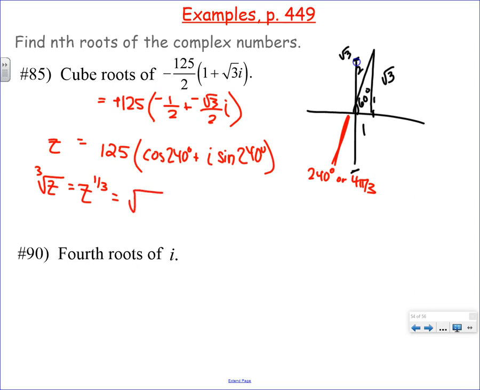So I cube root the 125, and what do I do to the angles? Divide by 3, or multiply by 1/3. Maybe I should have kept it in radians, but we'll keep it in degrees.